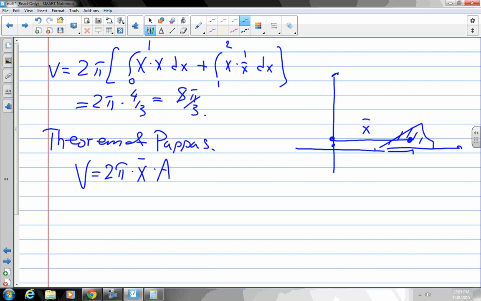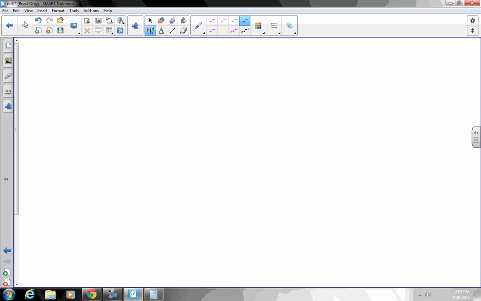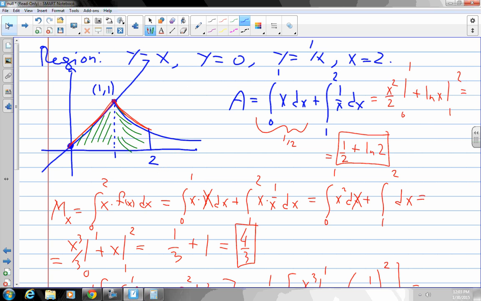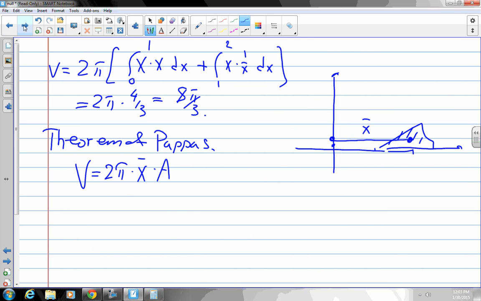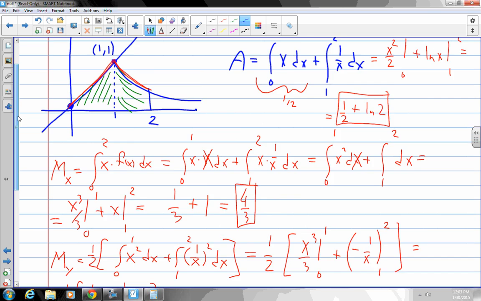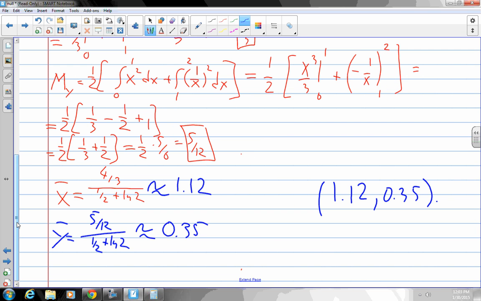Okay. Now, if I just plug in all the values, we'll get the same thing. Because look, this is going to be silly, but the volume here is 2 pi times the x-coordinate, which was 4/3 divided by the area, right?